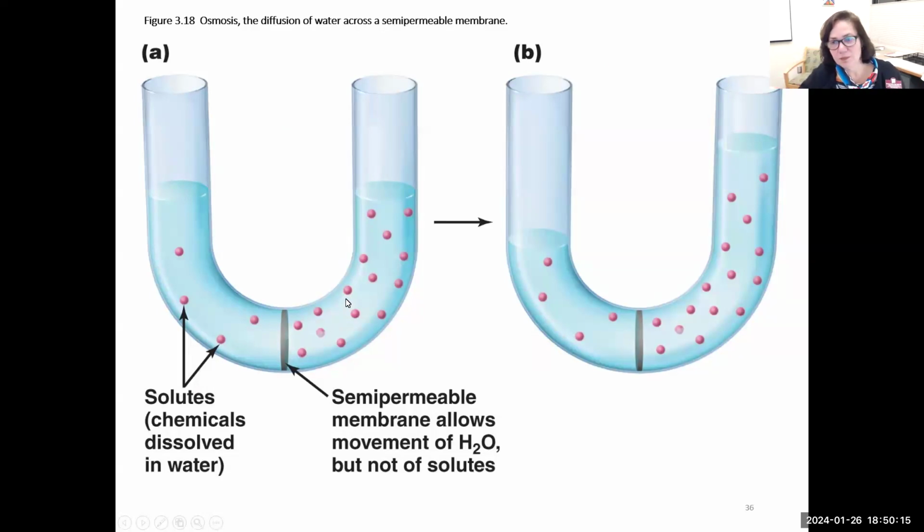If the red balls could pass through, the way diffusion works, they would move from an area of high concentration to an area of low concentration, so the red balls would move across. But this particular semi-permeable membrane does not allow the red balls to pass through. So the only thing that can move is the water.